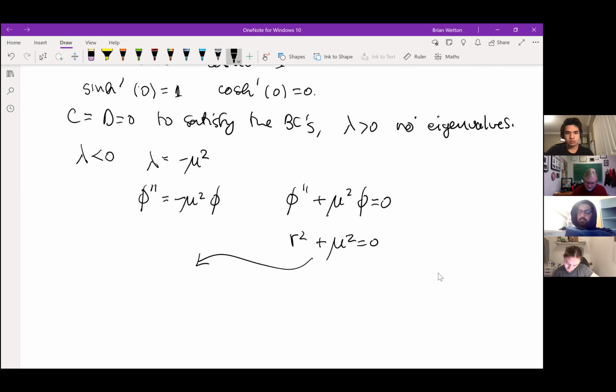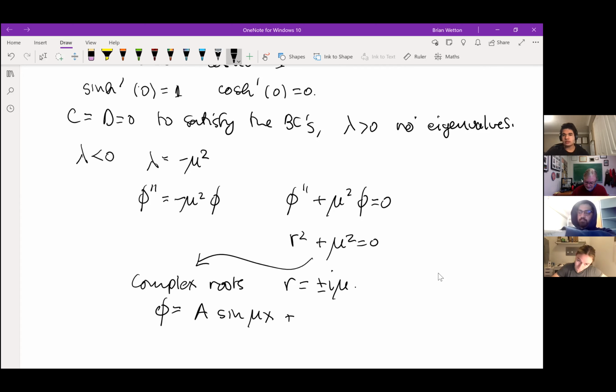These are complex roots, which will always come in a complex conjugate pair. And so that tells me I have solutions A sine mu x plus B cosine mu x.